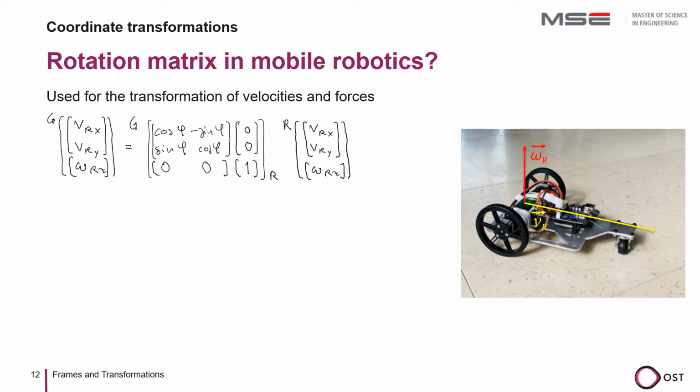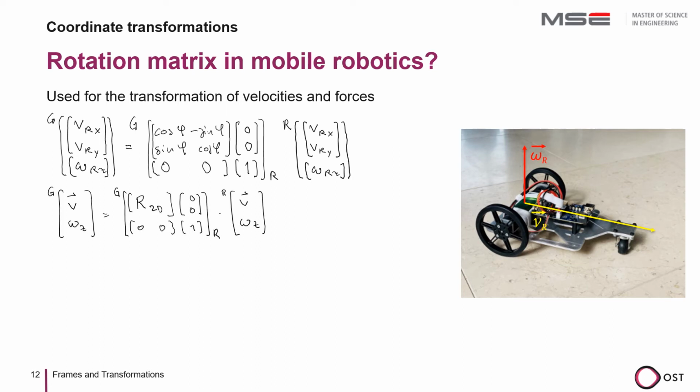The vectors consist of a velocity vector and a rotational velocity around the z-axis. The new transformation matrix is a combination of a plane rotation matrix, a 1, a 0 vector, and a transposed 0 vector.